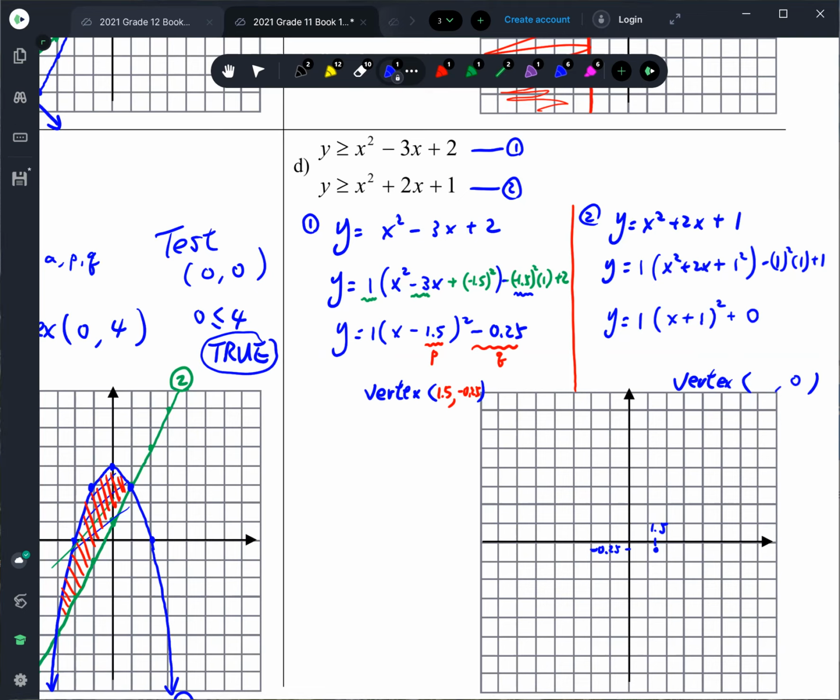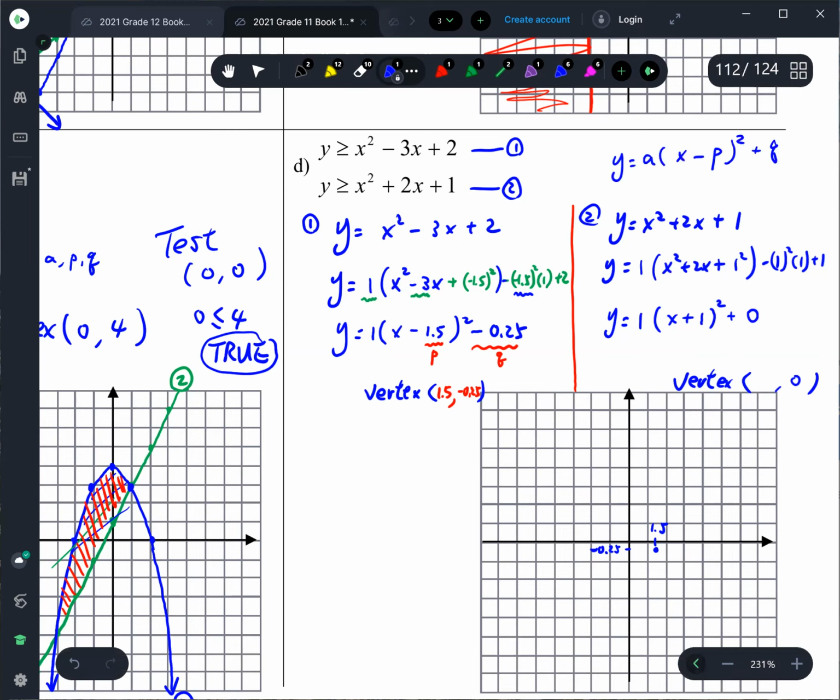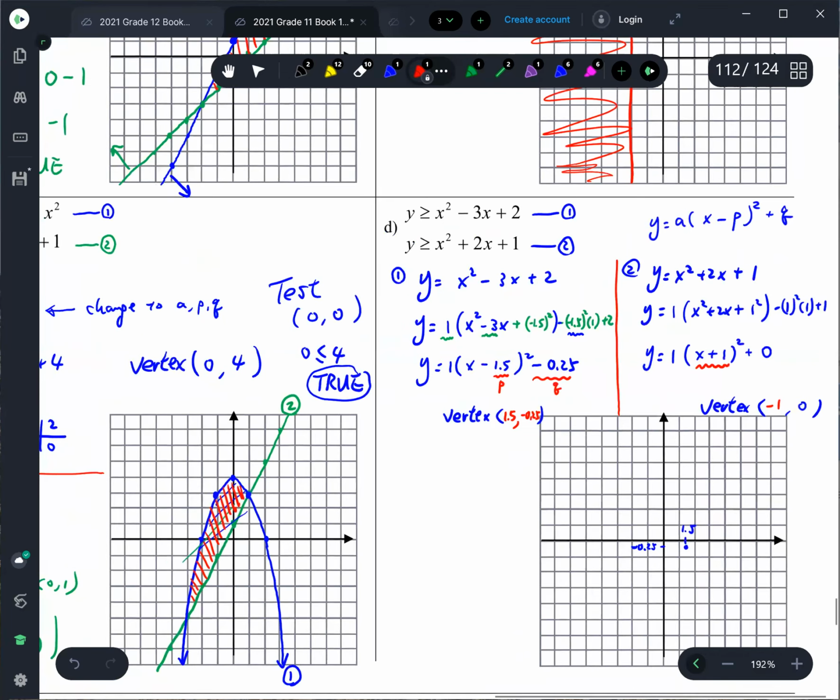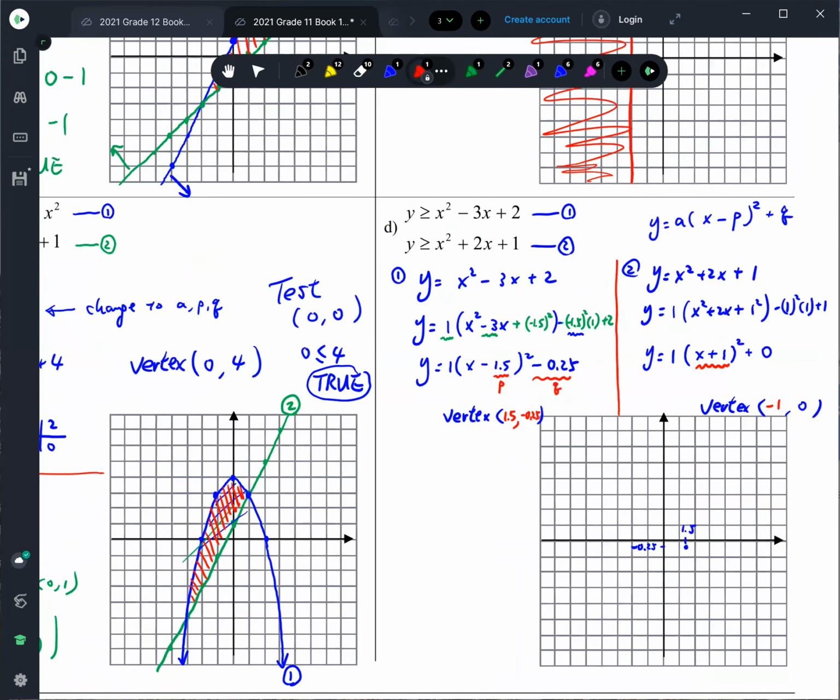P, yeah, because the form is x minus p, right? So inside you see an x. Oh, negative 1. Yeah, okay. If you see a plus 1, p should be negative 1. Okay, so your vertex is at negative 1, 0.